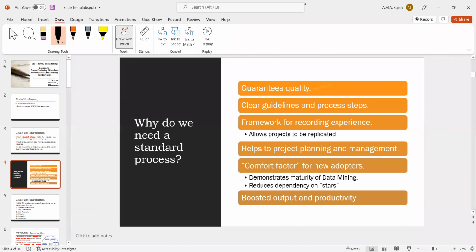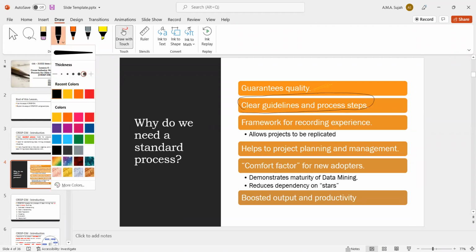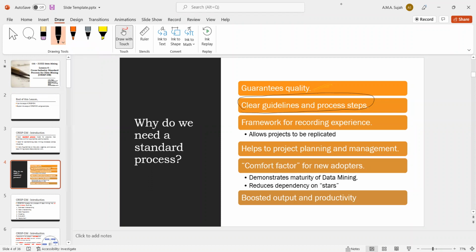What else? Whenever we apply a standard process, it gives some guidelines. Let's say whenever you complete your thesis, you must follow a standard process. Throughout this, you are maintaining some standards. Also, it provides guidelines.